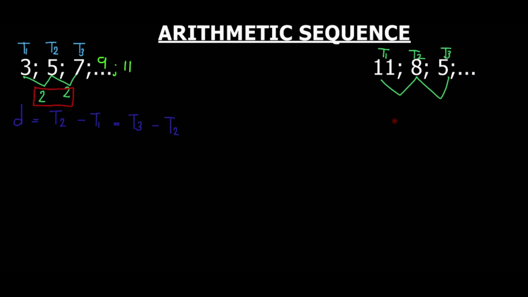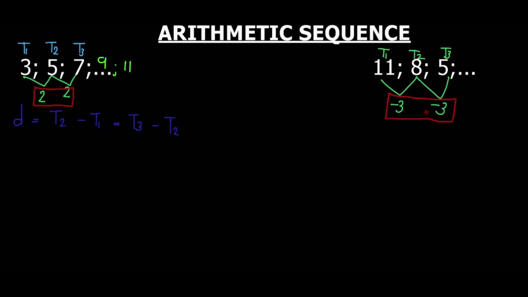So, the constant difference: T2 minus T1, so it's 8 minus 11. So 8 minus 11 is negative 3. And then T3 minus T2 is 5 minus 8. So 5 minus 8 is negative 3. Because this number is constant, this means this is an arithmetic sequence.